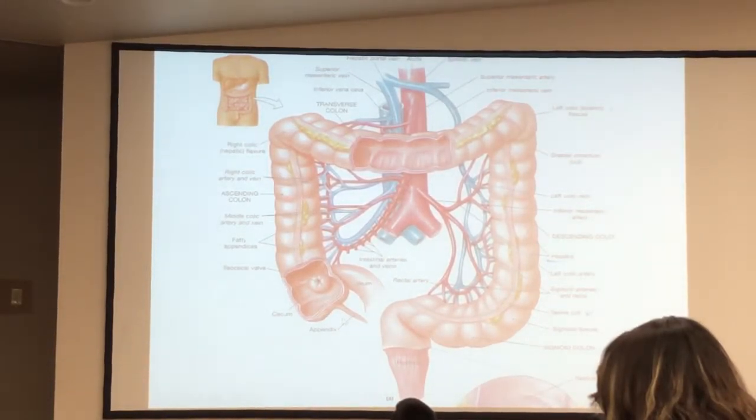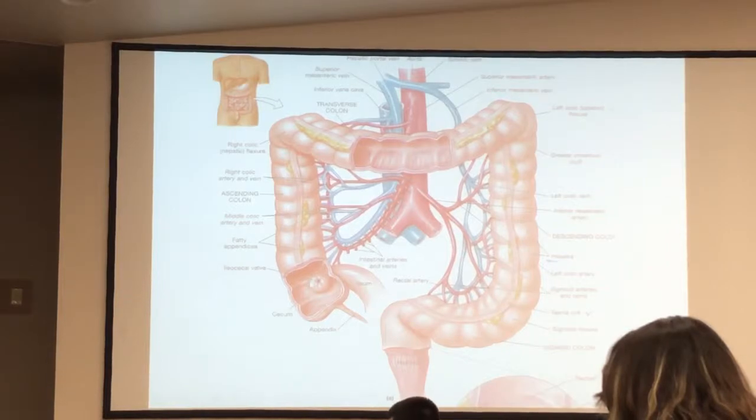Okay, the appendix is a dead end. It's lymphoid tissue. The cecum is very short, but in animals that eat grass, they have a long cecum, could be 3 meters, like in cattle, horses or rabbits. They all have a very long cecum.